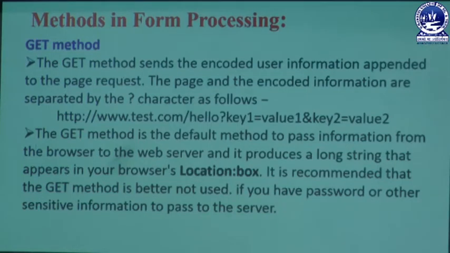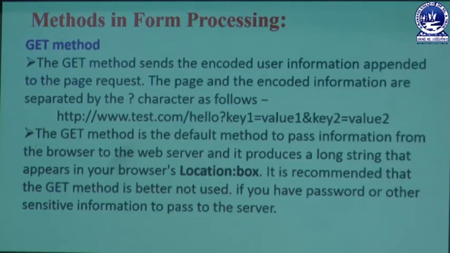These two values can be retrieved successfully from the backend part, so the GET method is the default method to pass information from the browser to the web server, which produces a long string that appears in the web browser's location box. That means the website location box helps to locate a specific string.